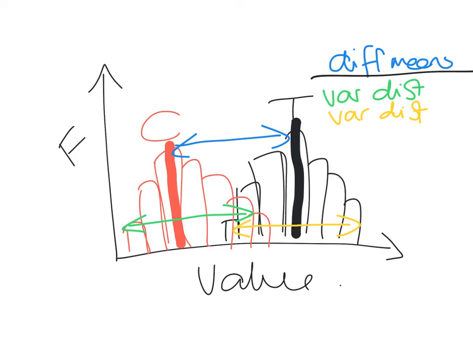And obviously if the difference in the means is far greater than the variability, that means that what you've got is two tightly controlled distributions. So I'll just draw those quickly up here. So that might be, so difference in means very large, like this.